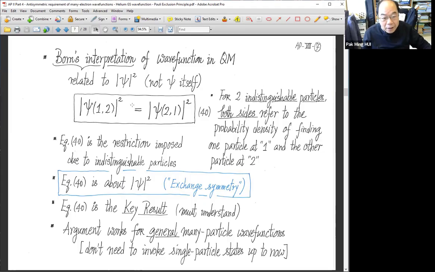Thereby, the relationship naturally is that the absolute magnitude squared of phi 1 2 equals phi 2 1 squared, okay? So this is the physical requirement as we anticipate by using Born's interpretation. And this is as much as we can say using what we know about quantum mechanics wave functions.